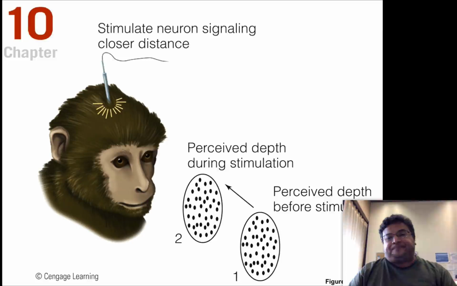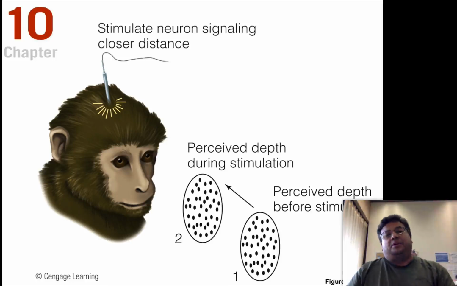And here's an example where we have this thing that this monkey is looking at, and they found a neuron that was activated when something was close.